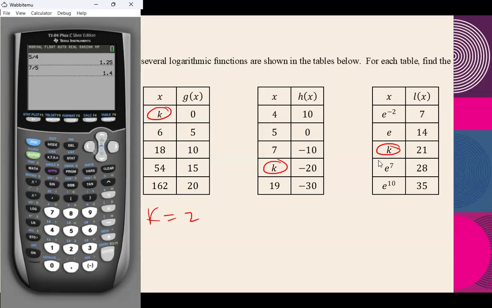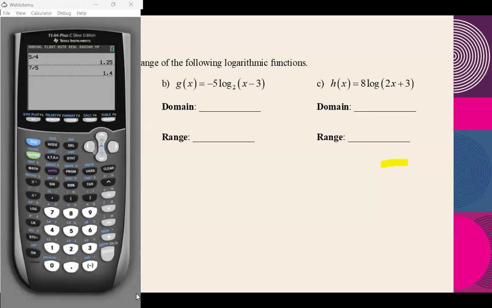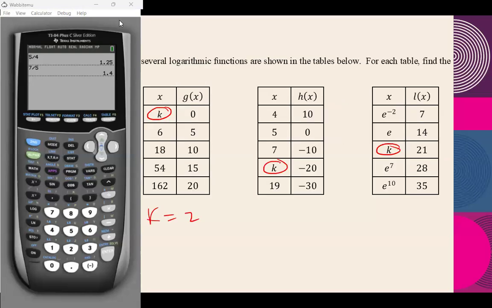How do we feel about the e's? Not good. All right. When you are dividing exponentials, what does that mean you're doing with the exponents? I said the word that I need you to say. Subtracting. When you're dividing exponentials, you're subtracting their powers. So if I have e to the 10 divided by e to the 7, that's going to equal e to the 3.